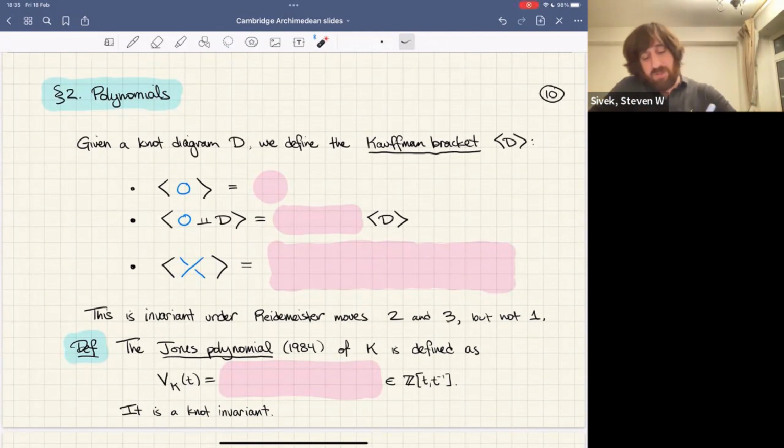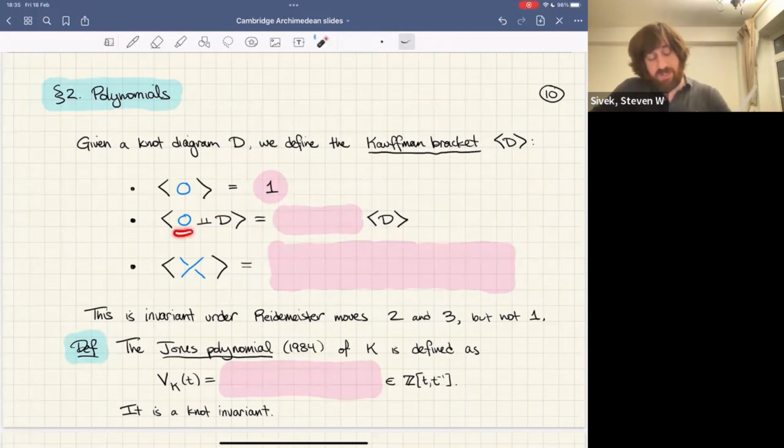We're going to define something associated to a diagram. So I've written D to indicate that I mean a diagram rather than a knot, which would be maybe an equivalence class of diagrams. This is what's called the Kauffman bracket of that diagram. So to start, if we have an unknotted circle in the diagram, and that's the whole thing, we just return 1.